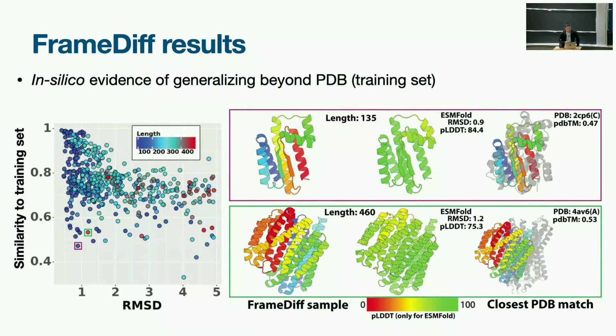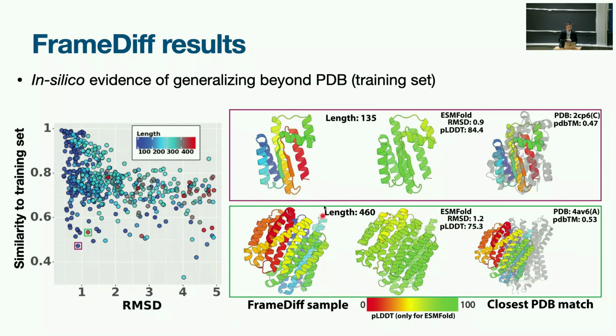I'm not going to belabor that point, but the most interesting thing to me was that we're able to actually generalize beyond the training set. By learning this equivariant diffusion model, we're able to sample things that are very different than what it was trained on. So here, this is the RMSD again. You want to be as low as possible, but you also want to be low as possible on the y-axis because it's the similarity to the training set.